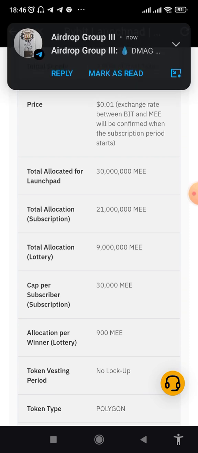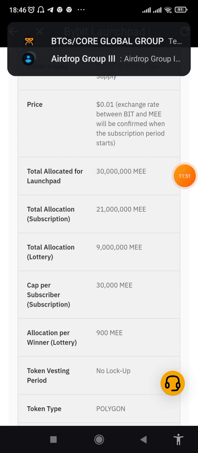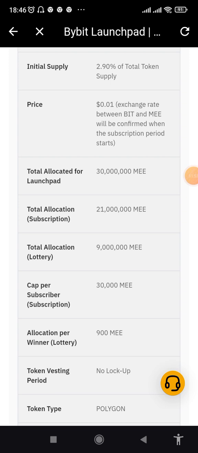But if you check how much of the ME coin has been distributed to Bybit against all of the ME coins the Medieval Empire has created, you see that it's only 1% that is going to Bybit. So 30 million ME tokens is just 1% of the total supply of ME tokens.